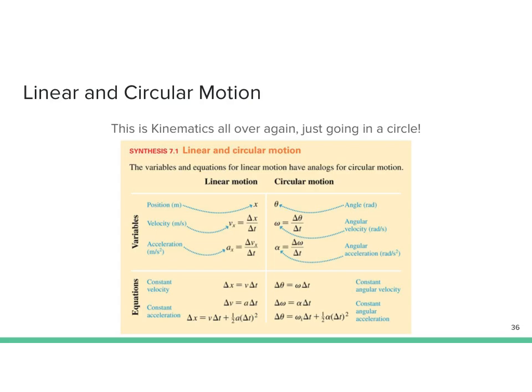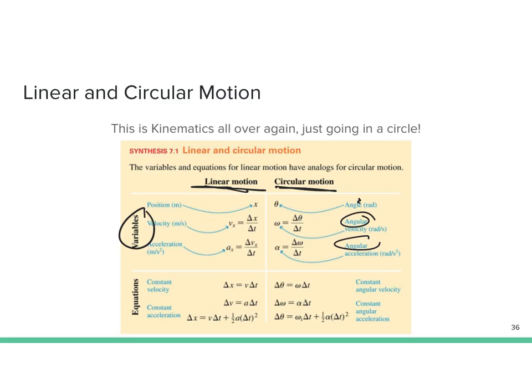So I keep going over this over and over again. This unit is nothing new. This unit is a review of motion, but instead of going in a straight line, we're talking about objects rotating. And I use the tire over and over again to help demonstrate this. Like I said, we take our variables and we put the word angular in front of them.